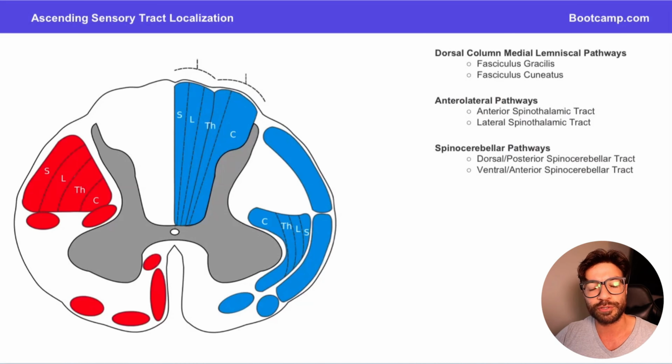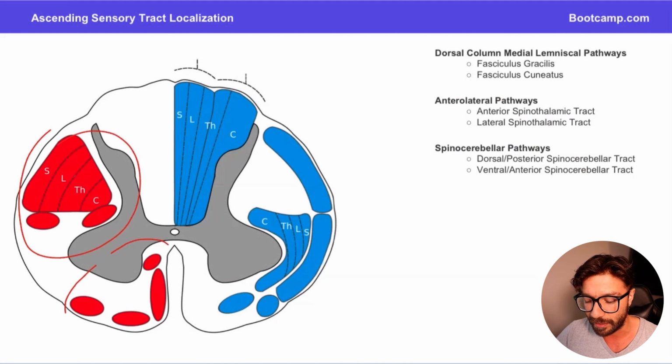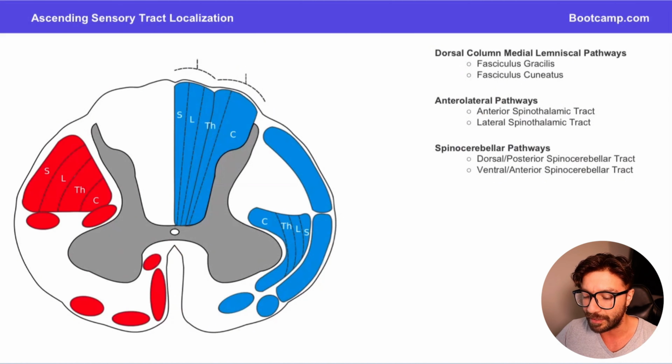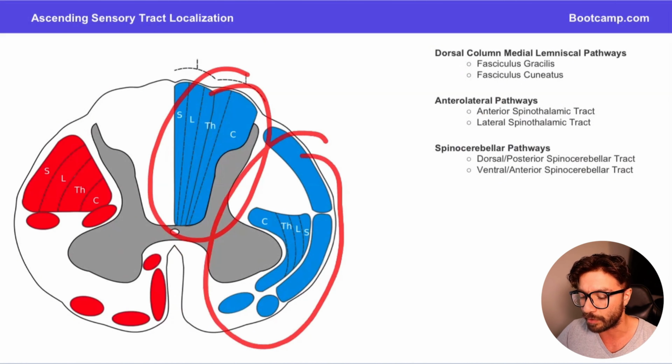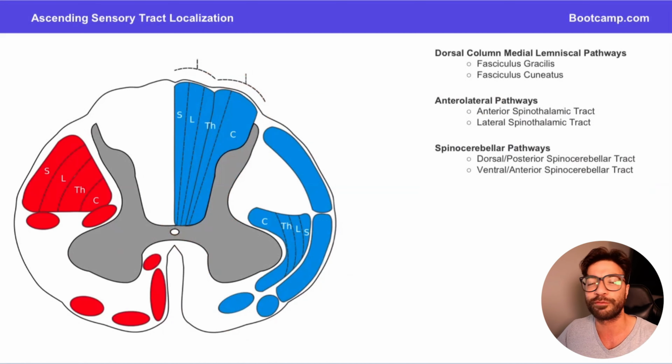So now let's go back to our cross-section of the spinal cord and identify the sensory pathways that we can see here. In the previous videos, we looked at the motor pathways, which are indicated here in red. Now we're going to identify these sensory pathways right here. So starting off first, we have our dorsal column medial lemniscal pathway. We have our fasciculus gracilis as well as our fasciculus cuneatus.